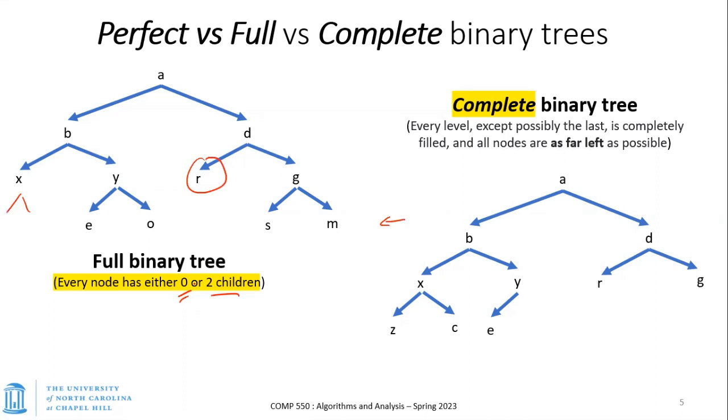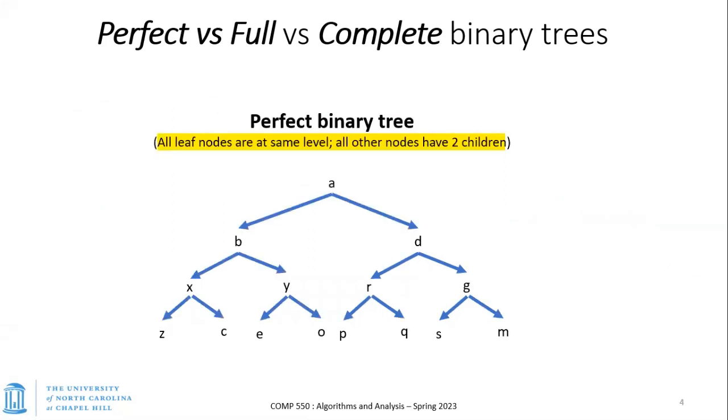They can't have 1 child. And a complete binary tree is different in the sense that at every level except possibly the last, it is completely filled, and all nodes are as far left as possible in the last row.